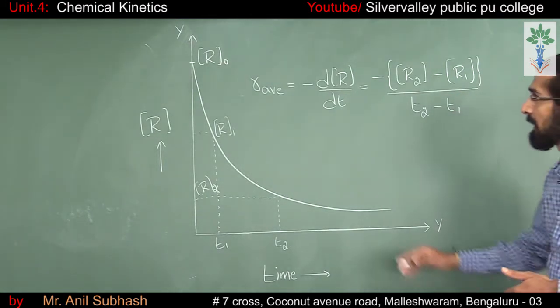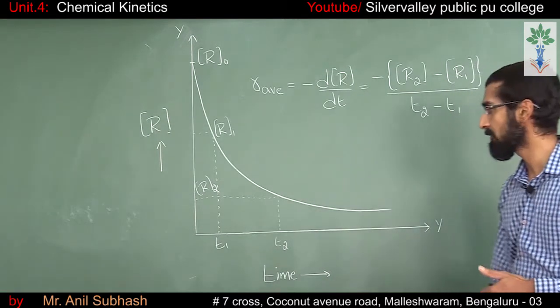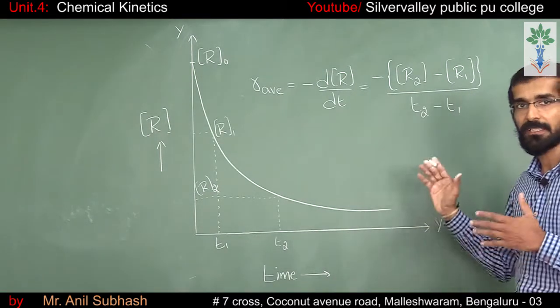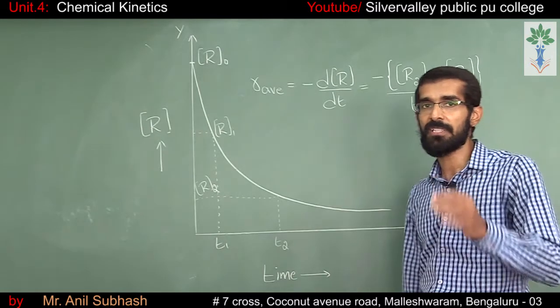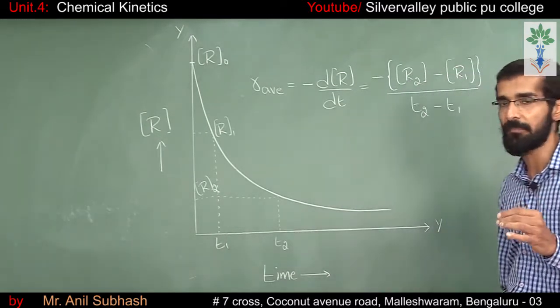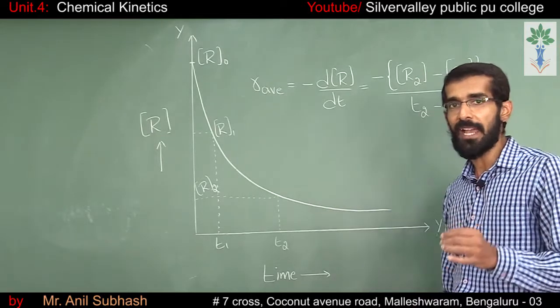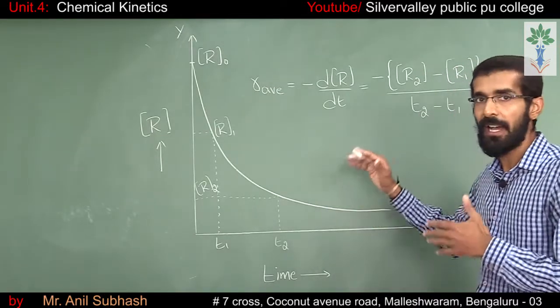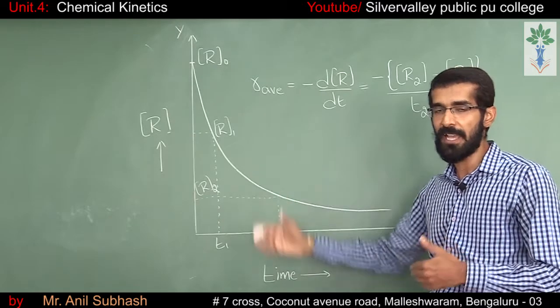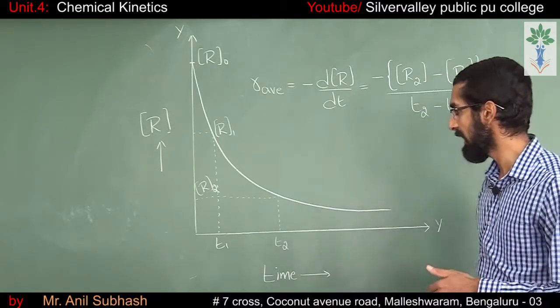In the same way, how do you find out the instantaneous rate? As we all know, instantaneous rate is the rate of reaction at a particular moment of time. To find the instantaneous rate, you are supposed to draw a tangent to this curve, and if you find out the slope of this tangent, you get the instantaneous rate.